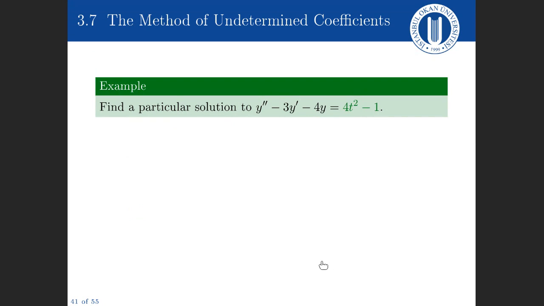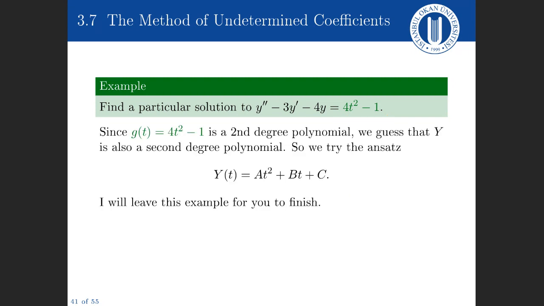Next example, find a particular solution to y double prime minus 3y prime minus 4y is equal to 4t squared minus 1. Here's the function that we look at. We look at 4t squared minus 1. What type of function is this? This is a polynomial. This is a second degree polynomial. So we're going to do this guess.